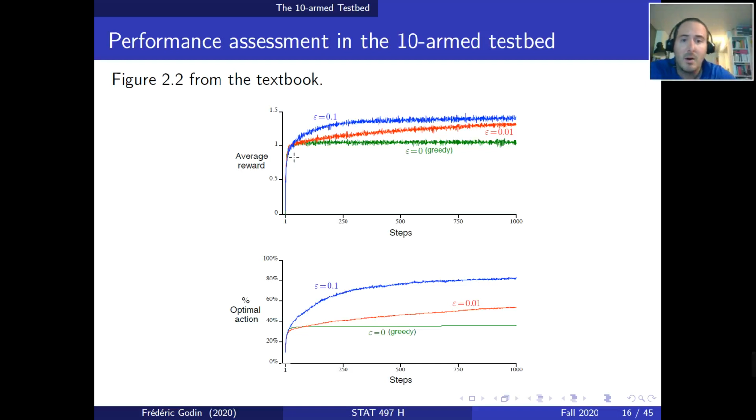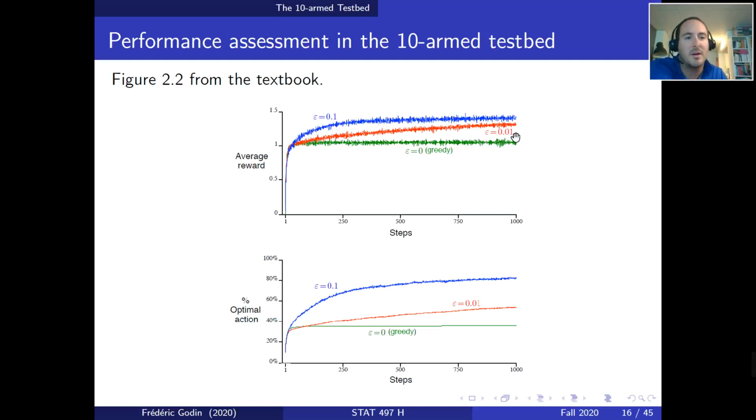Now let's look at the difference between the 10% exploration and the 1% exploration. Why is the blue curve above the red curve? It's because by exploring more, you tend to discover the optimal action earlier. This is why in an earlier stage, you obtain higher average rewards.